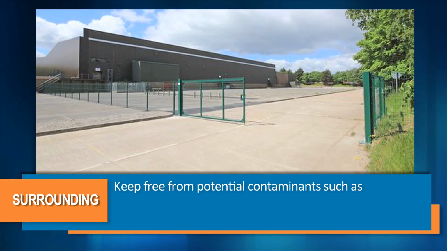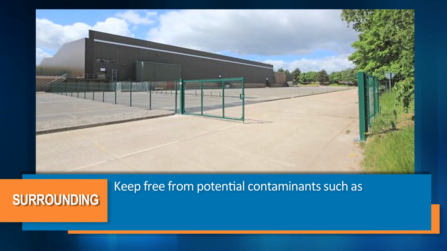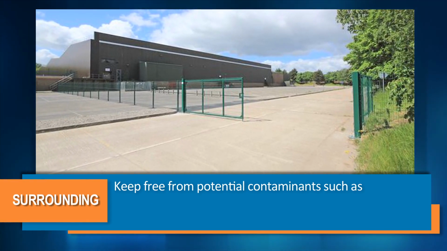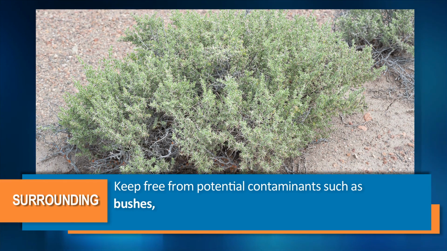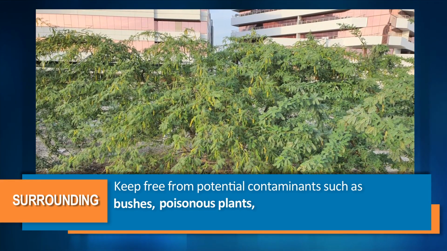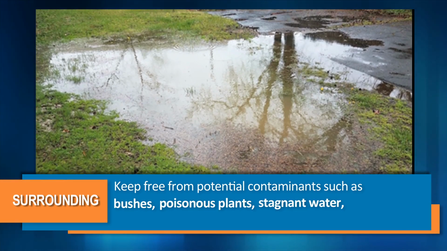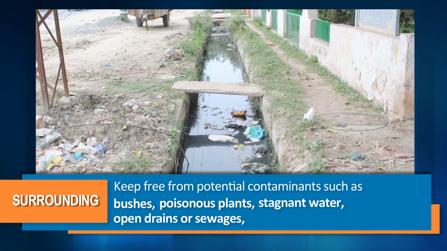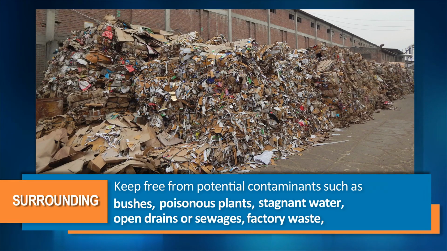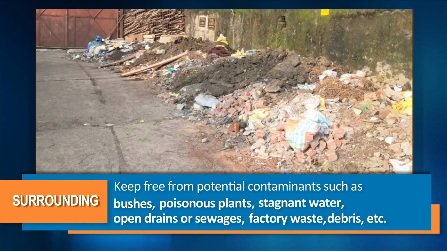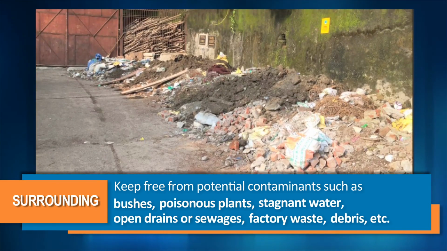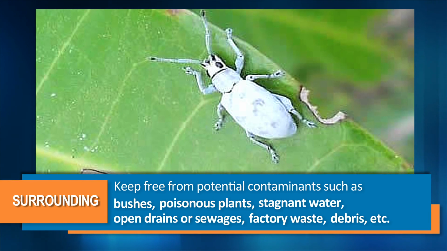The outside area of the establishment shall be kept free from potential contaminants such as bushes, poisonous plants, stagnant water, open drains or sewage, factory waste, debris, etc., as they may harbor pests.